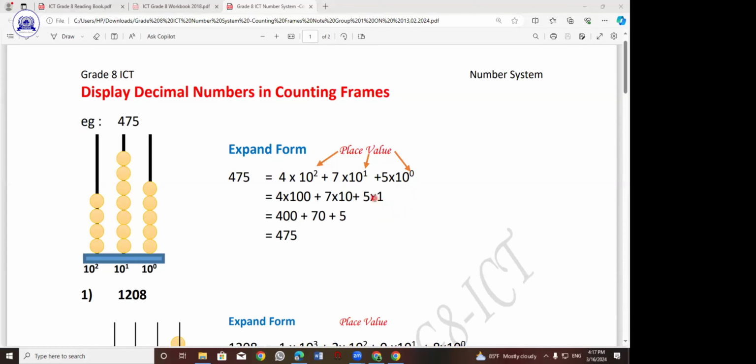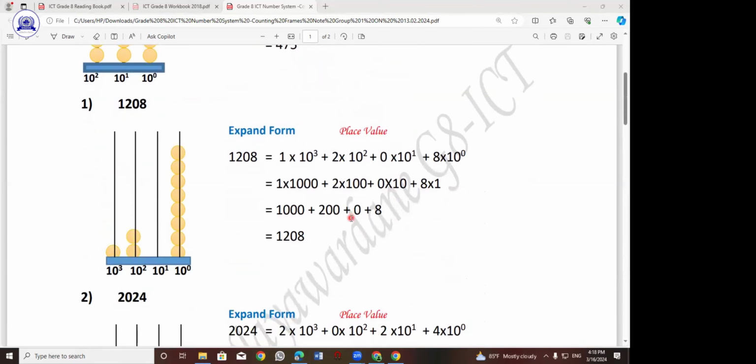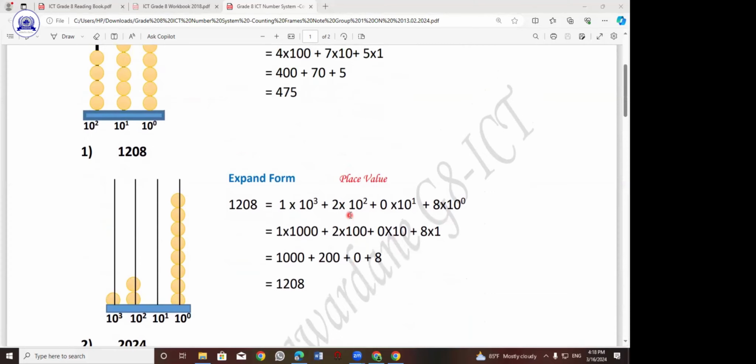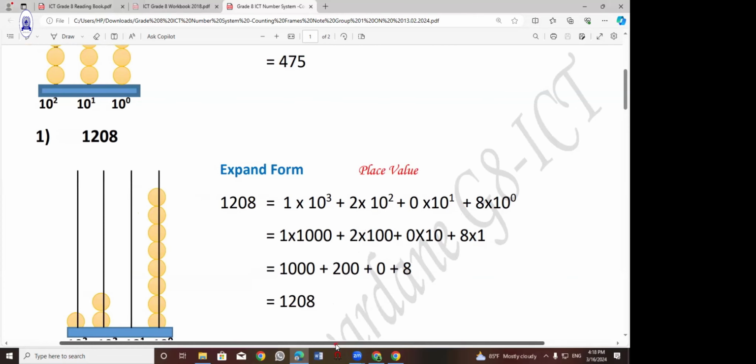So it's 5 into 1. 10 to the power 1 means 10, 7 into 10. 10 to the power 2 means 100, and multiplying, you get 400, and you get 70, and you get 5. So altogether, 475.